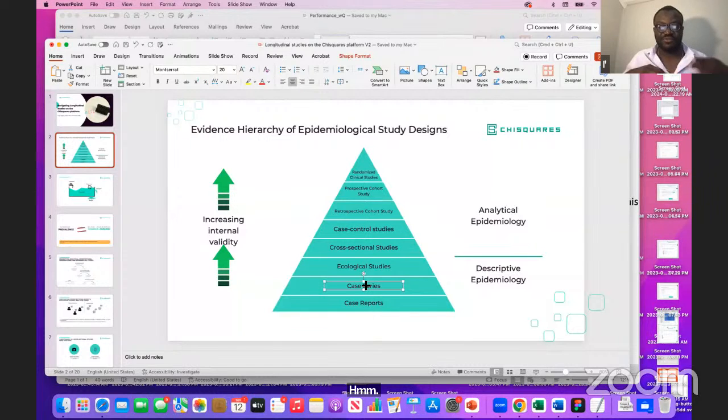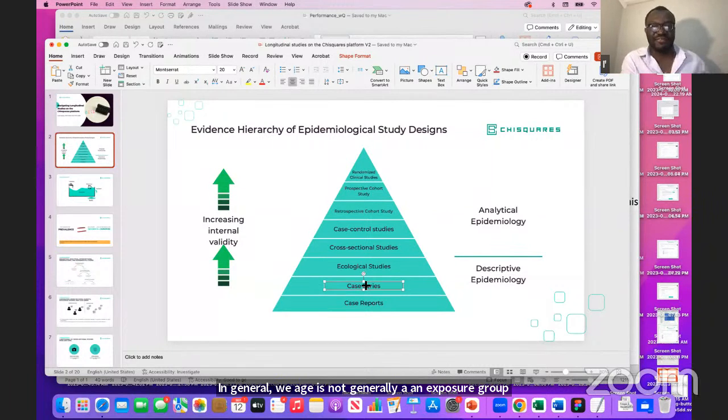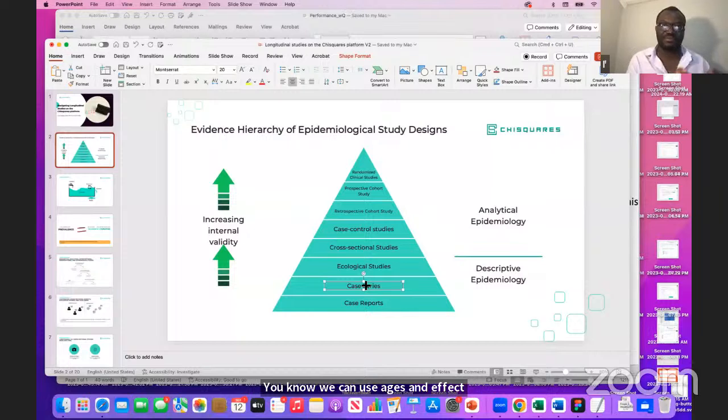In general, age is not generally an exposure group in a classic epidemiology study design. We can use age as an effect modifier, but when we talk about exposures, we're always talking about some external exposure, or it could be internal, but not necessarily like age, right?